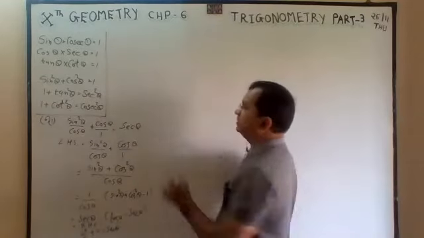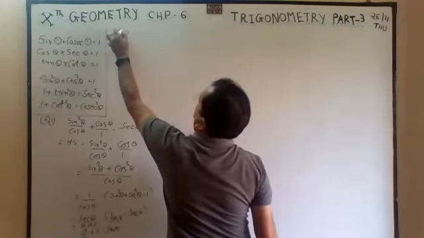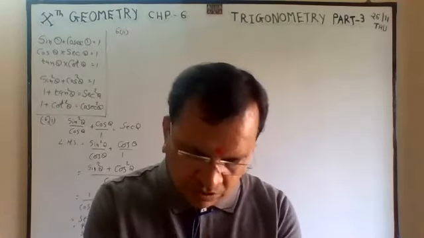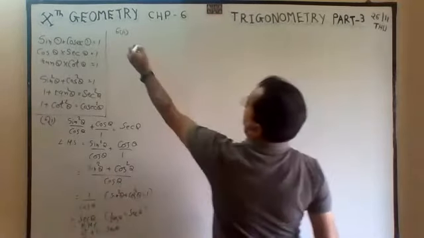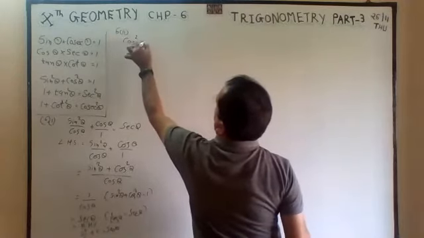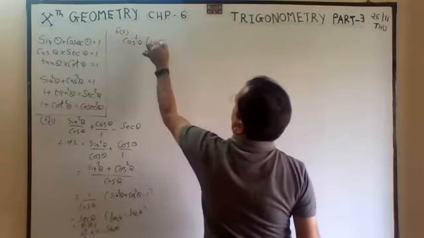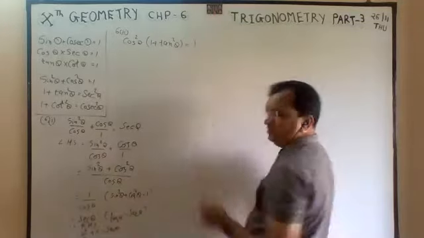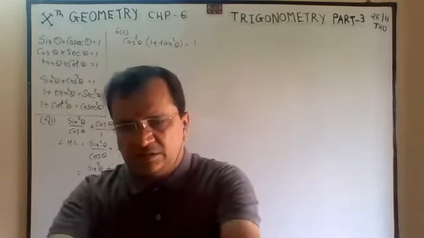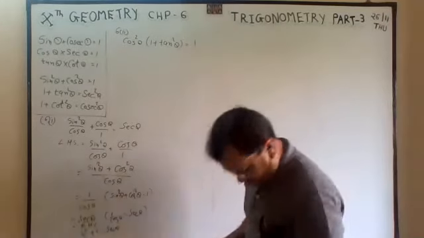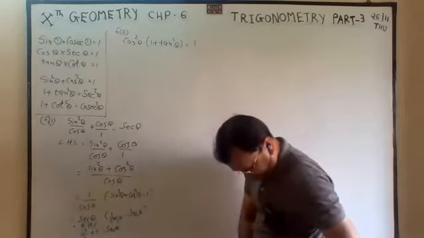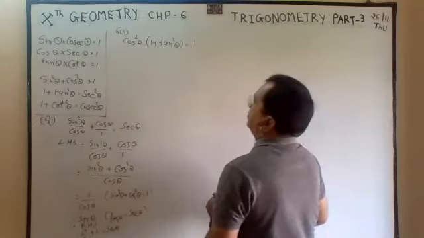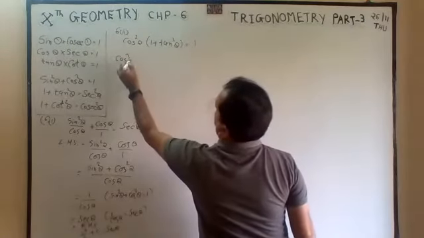Now sixth second: cos square theta into bracket 1 plus tan square theta is equal to 1. Now this will be the same as it is.